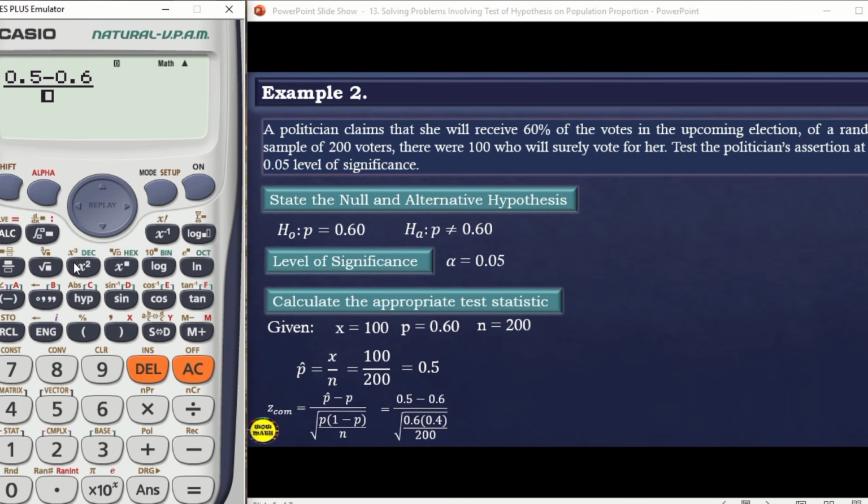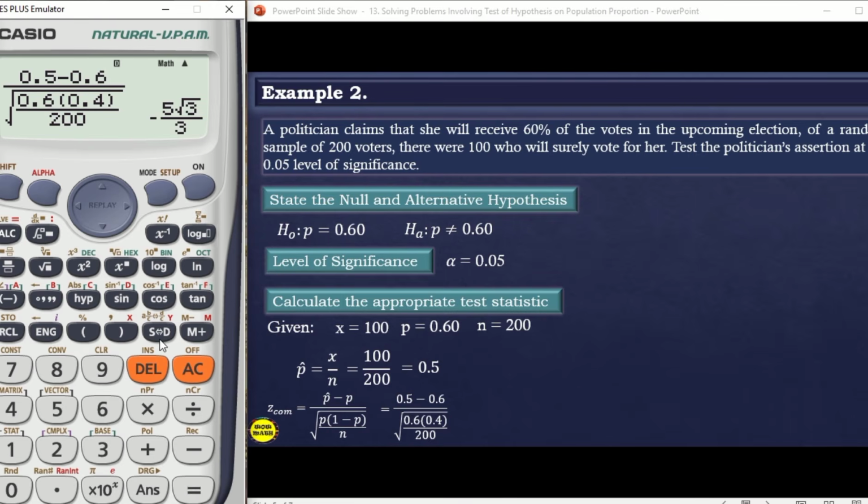Then, yung square root natin, fraction bar again, 0.6 times 0.4. Kailangan kasi mag-equal to sa 1 pag in-add natin ito silang dalawa. So 0.6, 0.4 over 200.